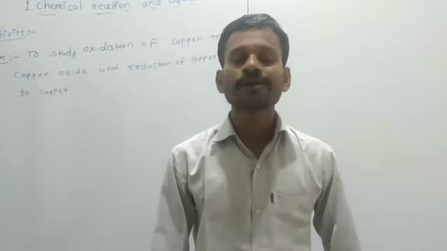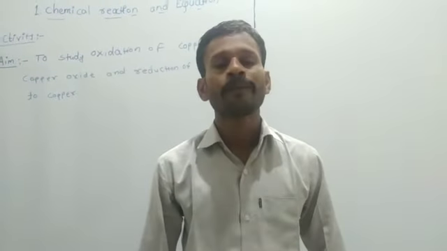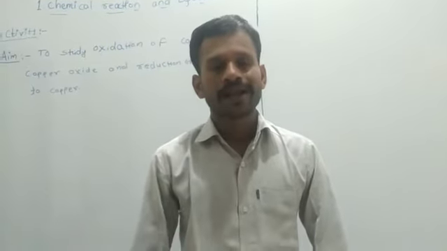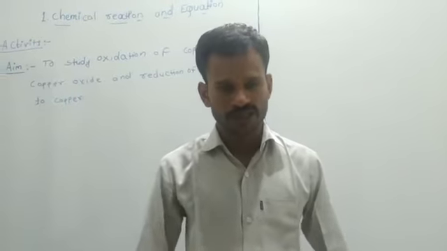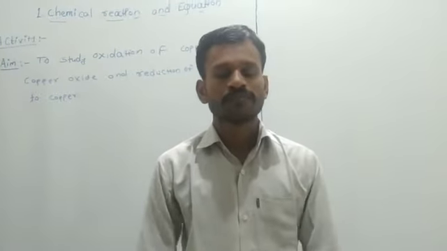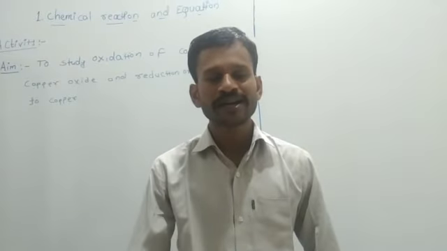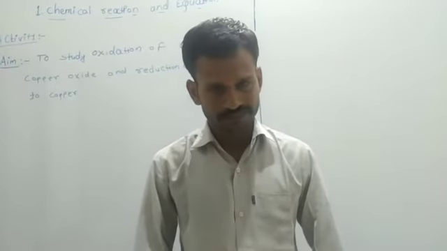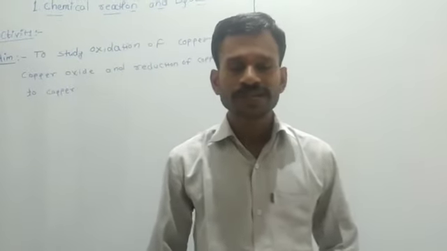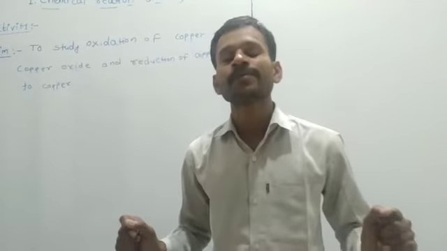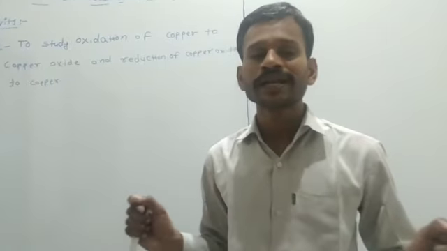Oxidation means addition of oxygen or removal of hydrogen. Reduction means addition of hydrogen or removal of oxygen. Redox means oxidation and reduction take place simultaneously, as well as oxidizing agent and reducing agent. These definitions we completed in the last class.